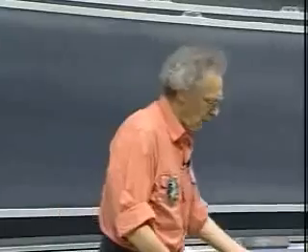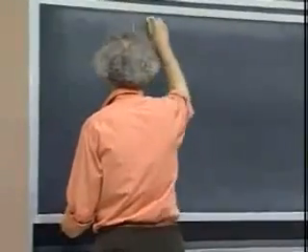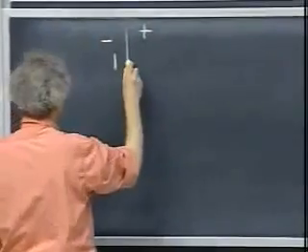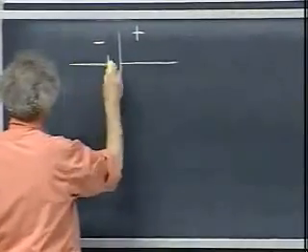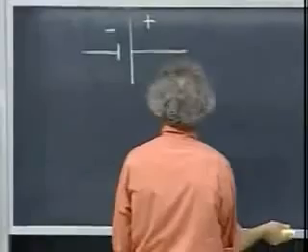The symbol for battery that we will be using in our circuits is this. This is the positive side, and this is the negative side. This is a symbol that symbolizes that we're dealing with a battery.